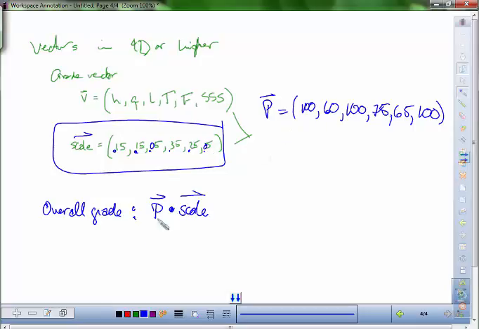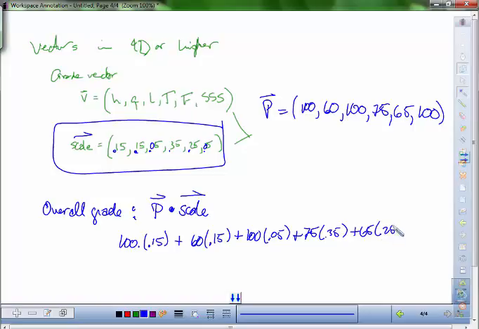So that's 100 times 0.15 plus 60 times 0.15 plus 100 times 0.05 plus 75 times 0.35 plus 65 times 0.25 plus 100 times 0.05.